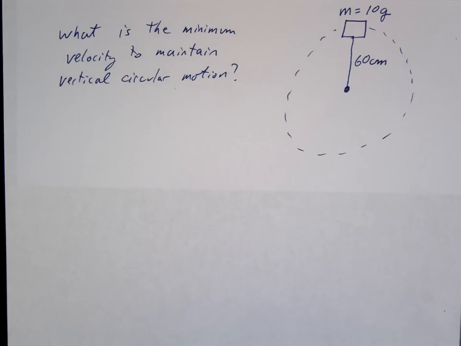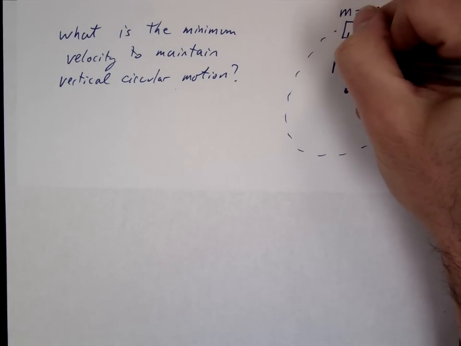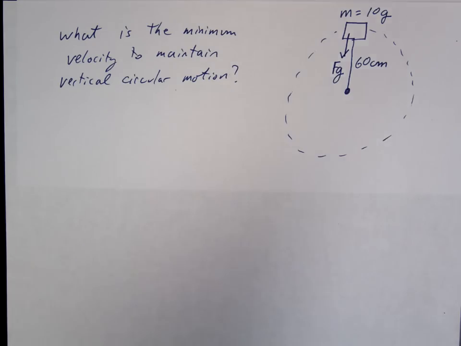So what are the forces acting on the stopper? Gravity. Okay, gravity. What direction is gravity pulling? Down. Any other forces? Centripetal. Remember, centripetal describes some other force. It's kind of like an adjective.